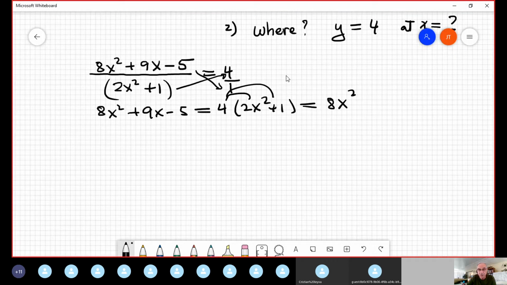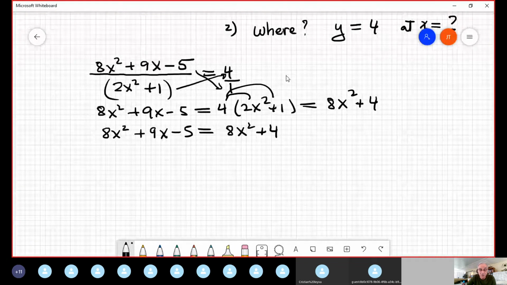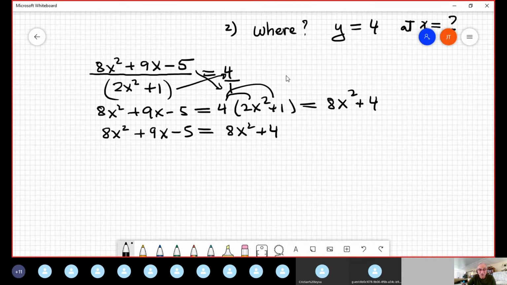We have 8x squared plus 4. Now let me copy the equation: 8x squared plus 9x minus 5 is equal to 8x squared plus 4. If you want to solve for x, I suppose in this moment that it is a quadratic equation, but actually it's not quadratic equation.